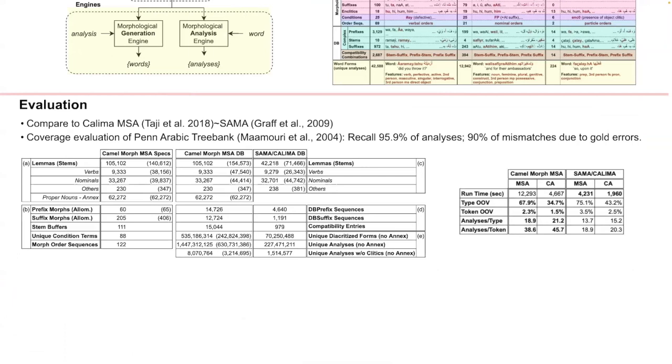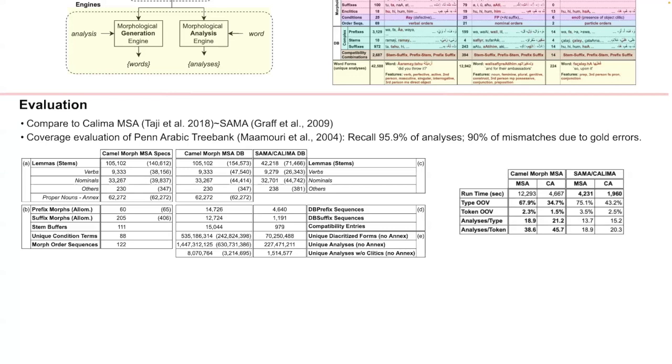We first note in sections A and C the 10% increase in the number of stems between our specs and database. This shows that the specs are able to compactly represent stems, denoting a more annotator-friendly morphological modeling, and is attributed to the buffer system, which shifts the modeling weight from morph to lexicon.